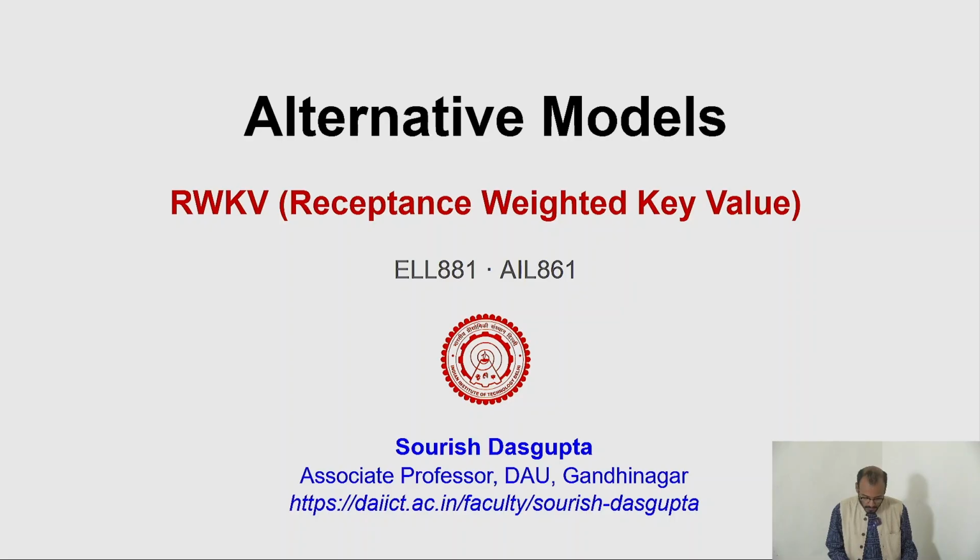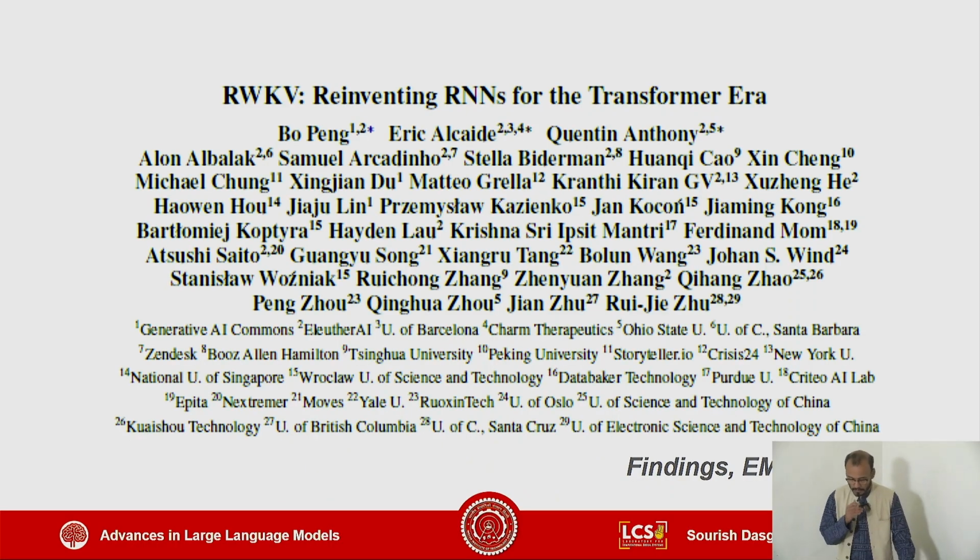All right, so this is the paper. The paper was published in findings at EMNLP in 2023, but after that it got a lot of traction, and subsequently many other RWKV-based models were published in top tier venues.